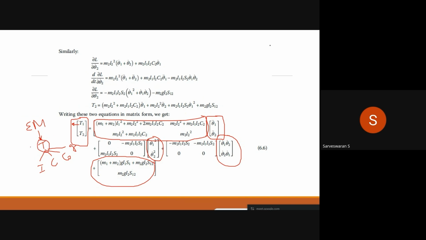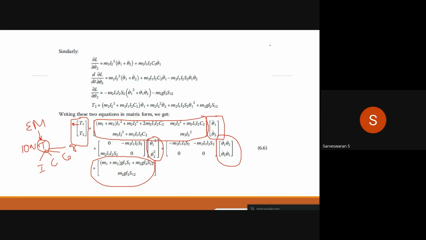The actuator selection for a robot arm should be based on the opposing torque. If here we get a torque of 10 newton meters, we have to consider everything. Suppose you substitute some random values for M1, M2. Here they have given a concentrated mass at the end, but each and every link will also have its own mass, and in other scenarios we will take all those things into consideration. So you substitute some values for L1, L2, M1, M2, theta 1.